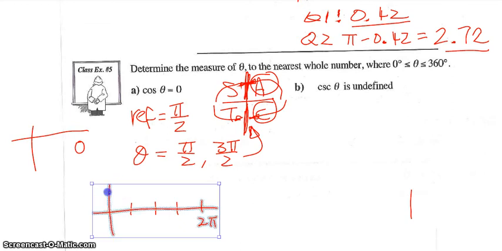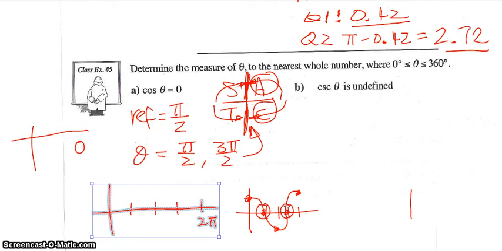It starts at 1, 0, negative 1, 0, positive 1, right? It starts like this. So it is 0 at 90 degrees and 270 degrees. So that's another way to find this special angle.